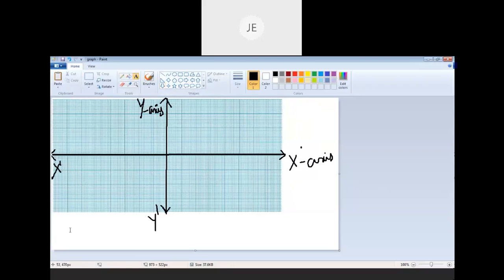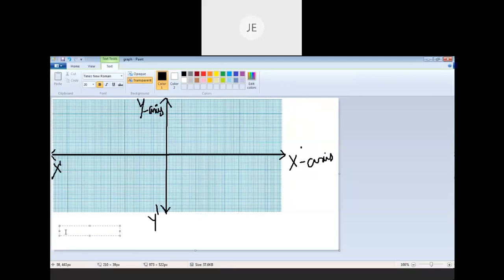Technically speaking, the x axis we call the abscissa, and the y axis we call the ordinate. Abscissa, x-axis; y-axis, ordinate.